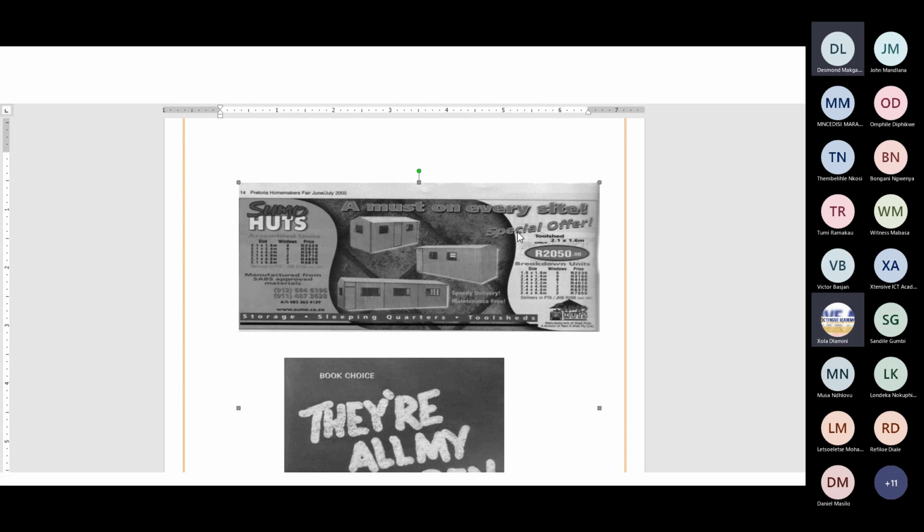What's your feeling? Yes, in my own understanding, I think sumo huts is a structure that is being advertised that can do multi-functions, such as they can place them in a construction site.